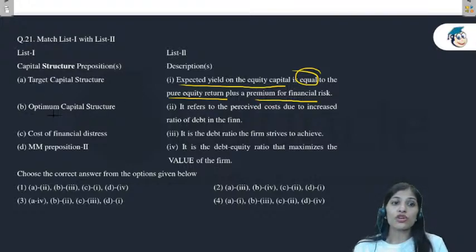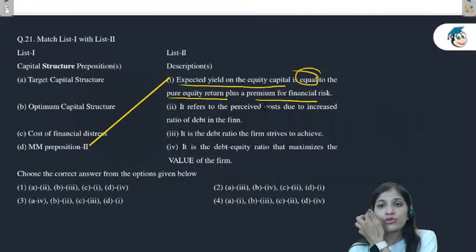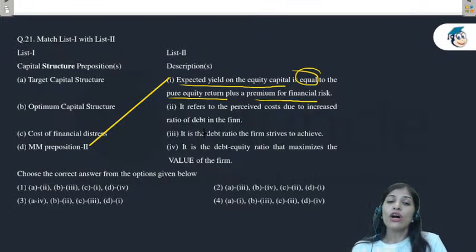Target capital structure, optimum capital structure, cost of financial distress, proposition 2. It refers to the perceived cost due to increased ratio of debt in the firm.